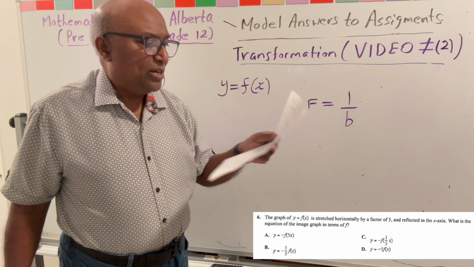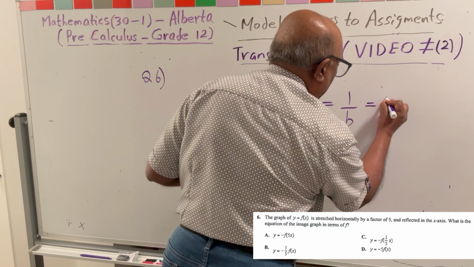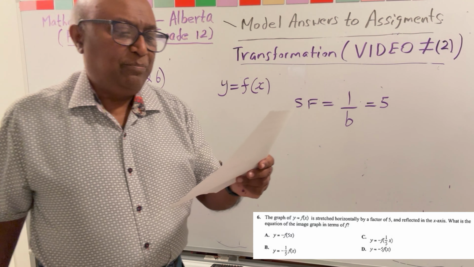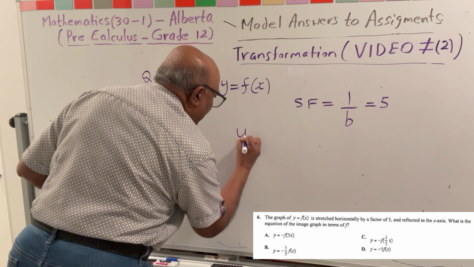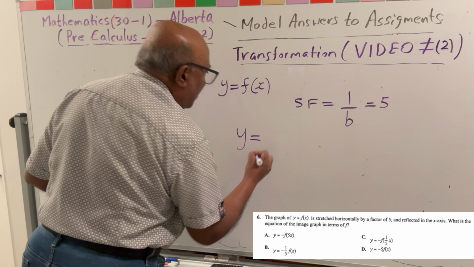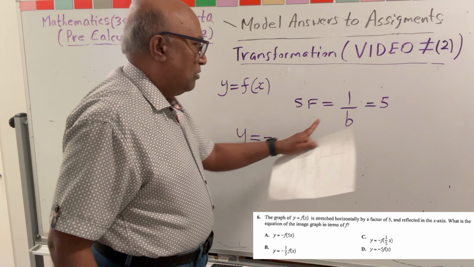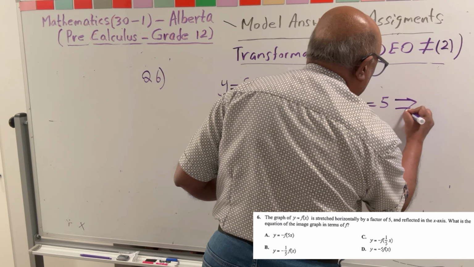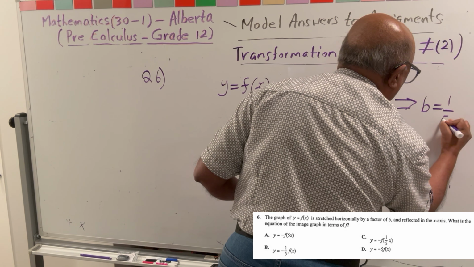Horizontal stretch factor 1 upon b is equal to 5. That is one thing. Then reflected in the x-axis. That means the first step is y is equal to minus f of x. By solving this, we understand that b is equal to 1 upon 5.